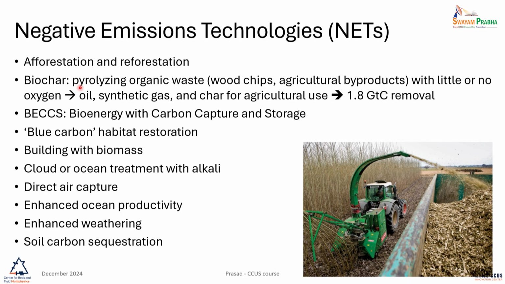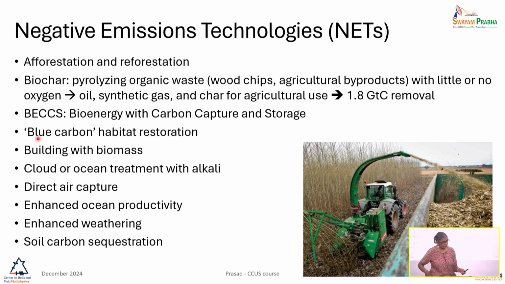There is a potential, if we do that, to remove 1.8, almost 2 gigatons of carbon. We have BECCS, the bioenergy with carbon capture storage. We have blue carbon, and there is a graphic that we'll look at in a minute to see what all of these imply for ocean type of carbon capture.